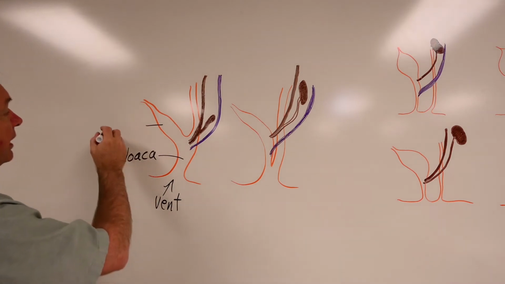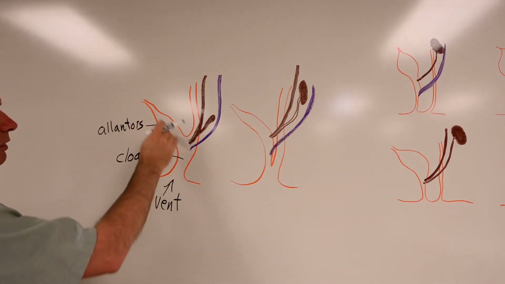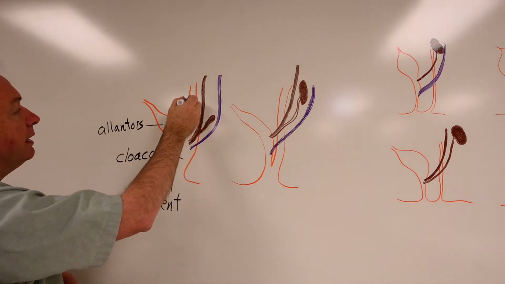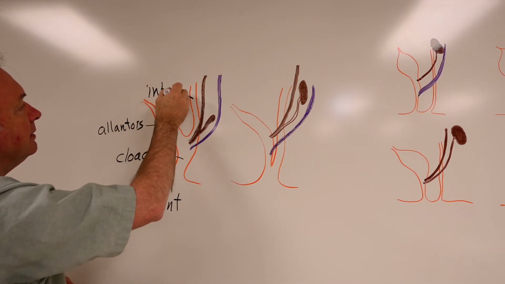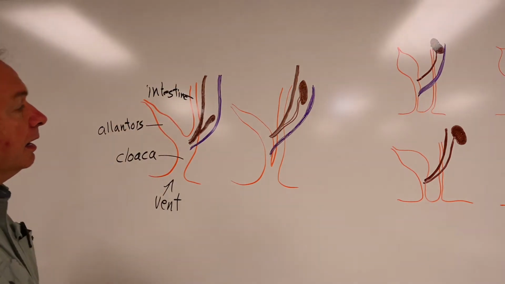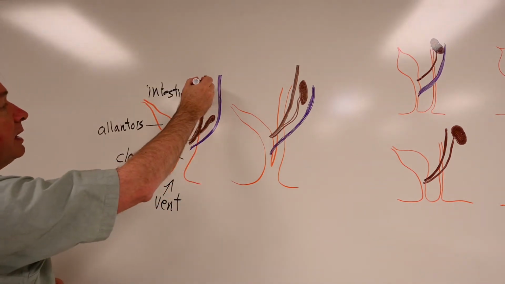this right up here is the allantois, still connected to the cloaca right there. This is the intestine. Next, we have the mesonephric duct.